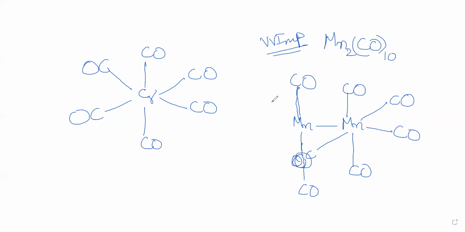Okay, you have this one, CO, CO. Where else can I draw? So here is CO. This is CO. Mn2(CO)10. So this is the structure summary. I feel this is sufficient.